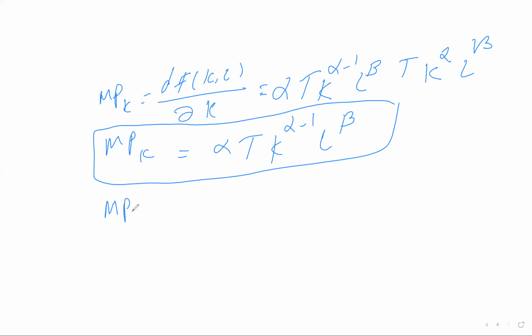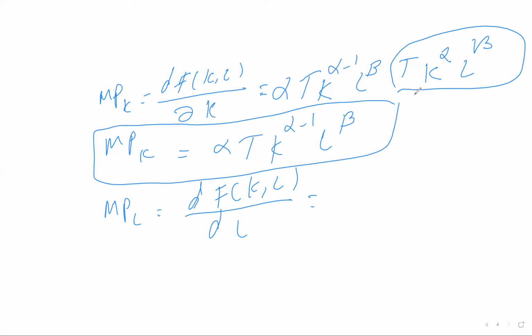For the marginal product of labor, it's the same thing. We have the change in F(K, L) with respect to changes in L. Again, taking the derivative with respect to L, we have beta T K to the alpha L, and since we're taking the derivative with respect to L, the exponent becomes beta minus 1.